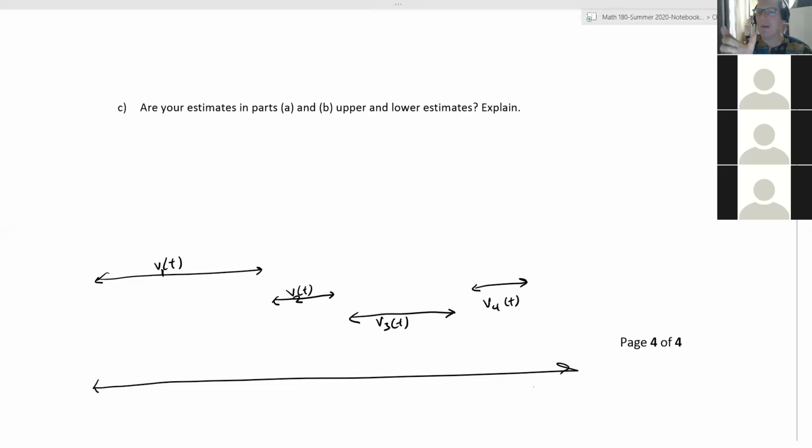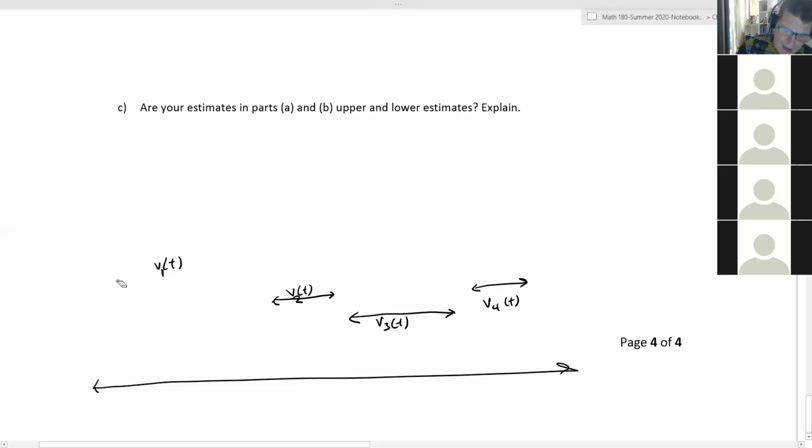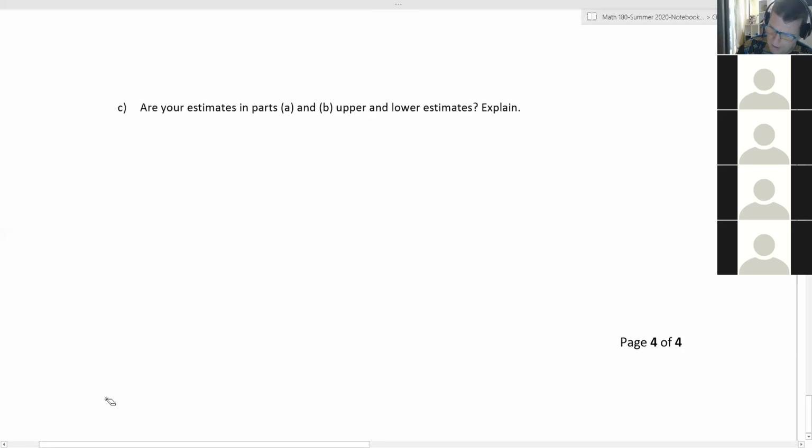If we wanted a better and better approximation of how far we traveled, we want to figure out how fast am I going in a certain interval, how fast am I going in another interval, for each period of time. That would give us a better estimate than just finding the average velocity, which is what the r is in distance equals rate times time. You kind of have to think about these things a little bit. I don't know if that's the best picture or not.